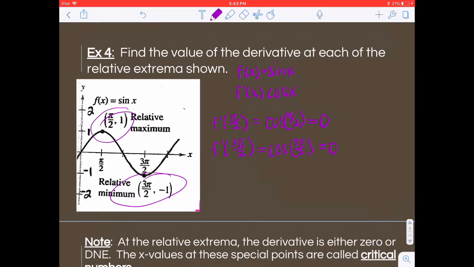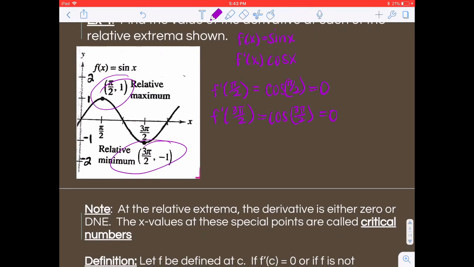So at these points, the derivatives are 0, which you can kind of tell based on what we know about graphing derivatives.